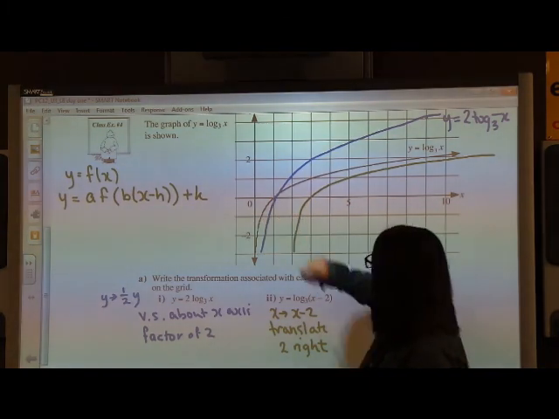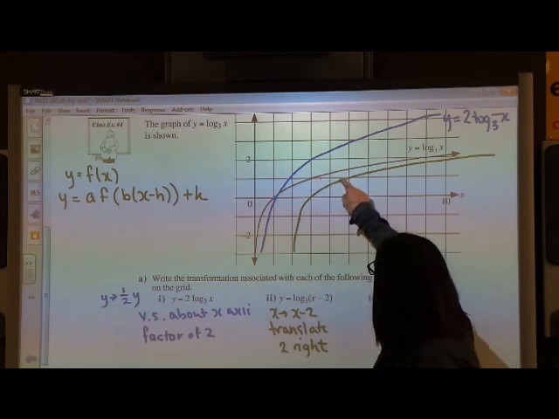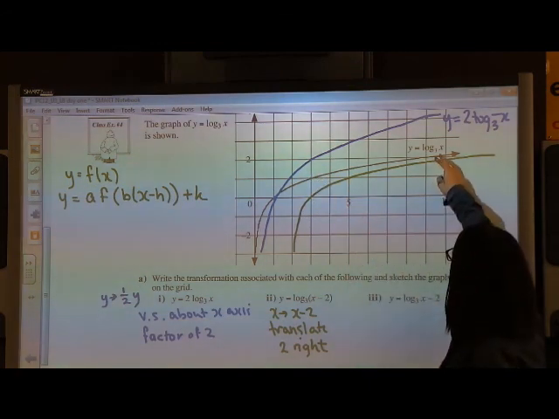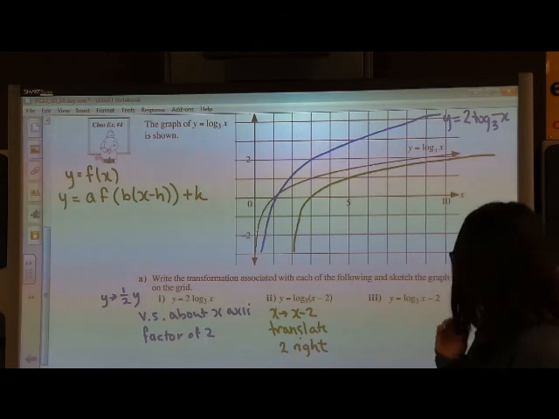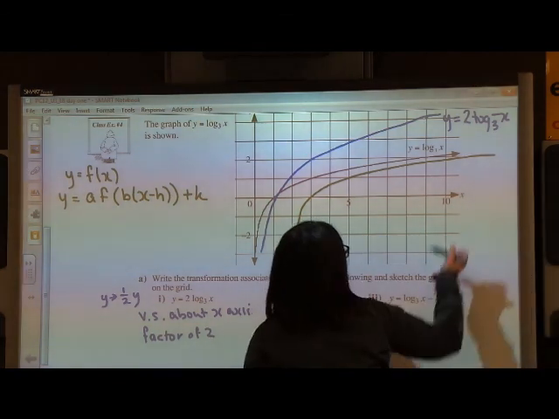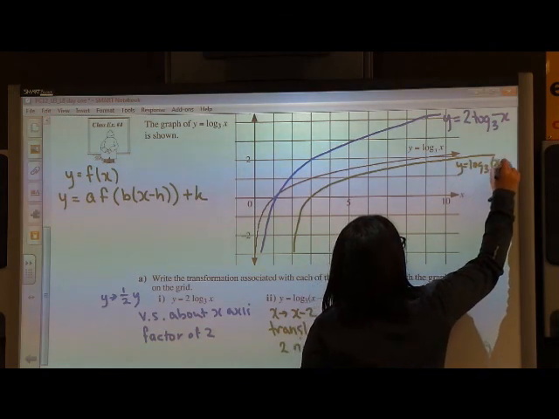So 1 and 0 would become 3 and 0. This point here, which was 3 and 1, would become 5 and 1. The point here that was at 9 and 2 would become 11 and 2, which pulls it off the grid. So this is my y equals log base 3 of x minus 2.